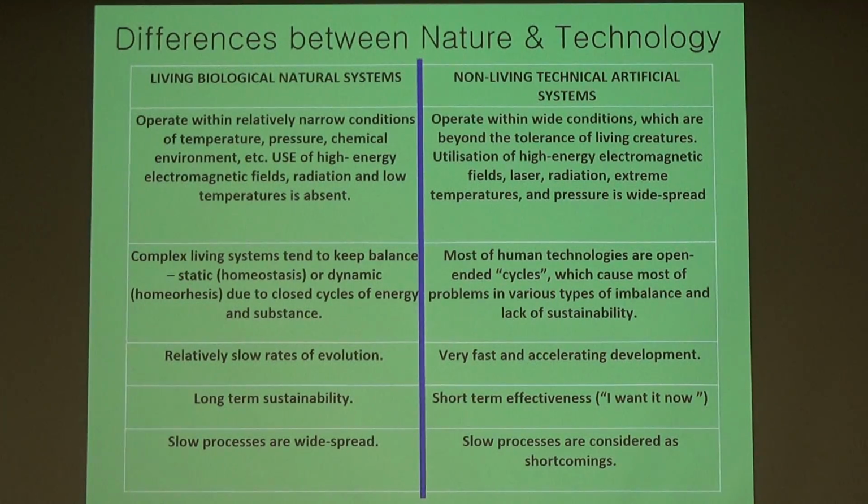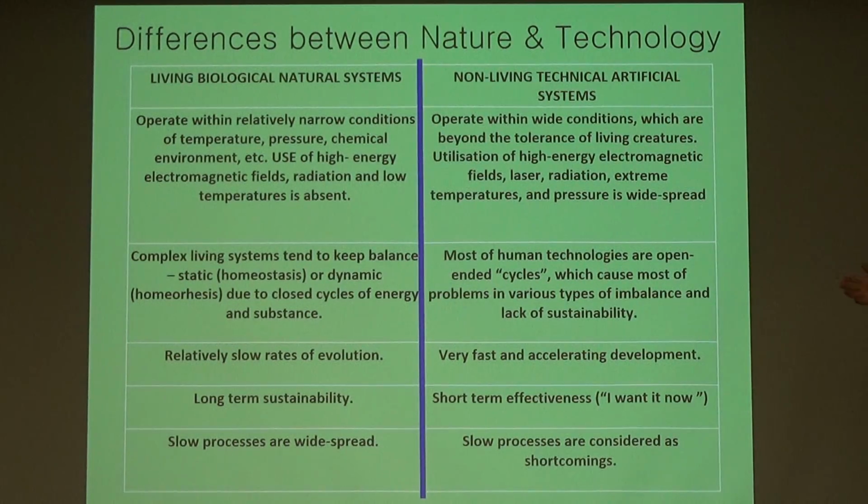And this is due to very tight, closed cycles of energy and substance. They're very good at controlling energy and substance and apportioning energy and substance in key areas of the system and optimizing that. In human technology, we're not so good at doing that kind of thing. So we want to try and implement that kind of process in artificial systems, in human technology, so we can improve our energy efficiency.